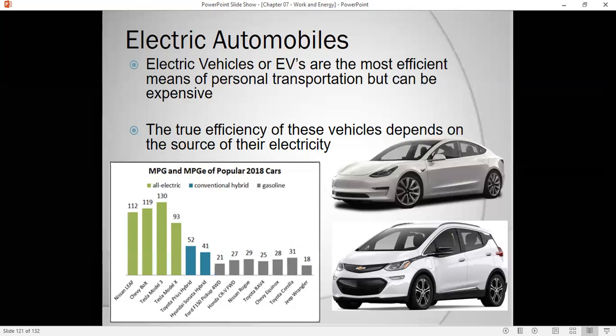All right. Hybrids are a bit of an improvement over that, okay? 52 miles per gallon, 41 miles per gallon. Problem is, they are powered by an IC, an internal combustion engine. So in terms of their efficiency, we can push them pretty close to the 40s and 50s miles per gallon, but that's about as good as we're going to get.